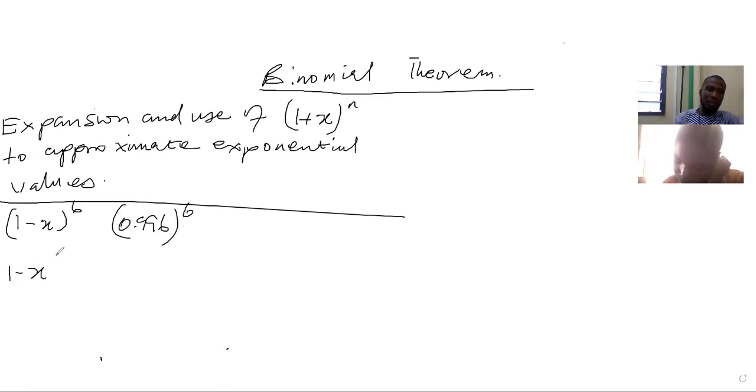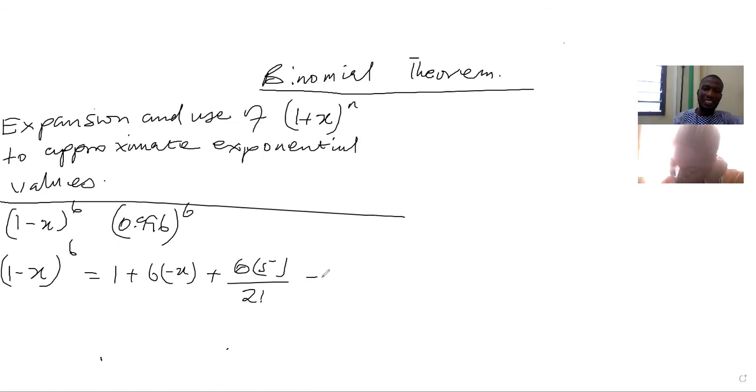1 minus x all power 6 will be equal to 1 plus 6 times negative x, plus, maybe we just forget about the formula and go straight ahead, 6 times 5 all over 2 factorial, negative x squared.